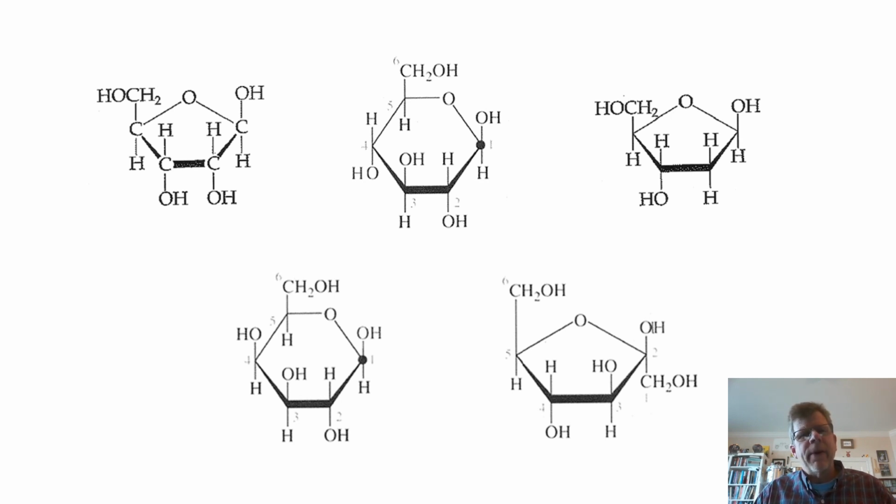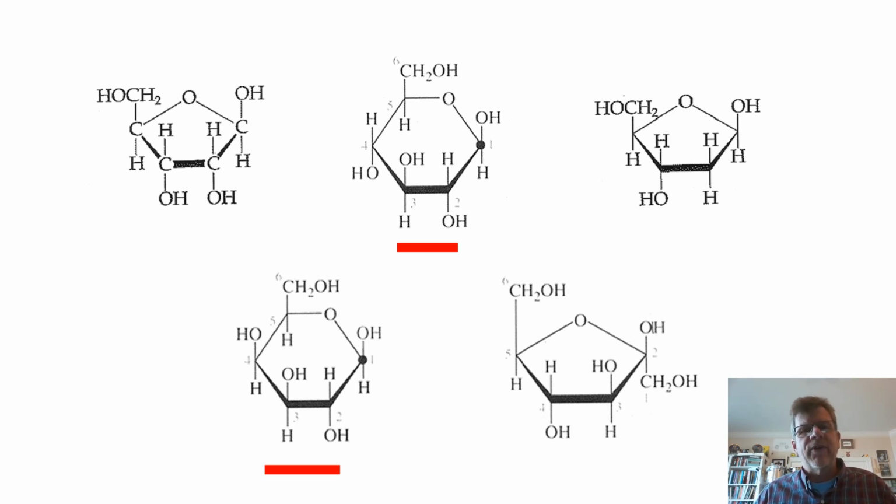But if we remember now that our 2 6-membered rings were either glucose or galactose, and those 2 were the hardest to tell apart. They had hardly any structural feature differences, but it's these two that are the 6-membered rings, not 6 carbon rings, 6-membered rings, which is a hexagon.